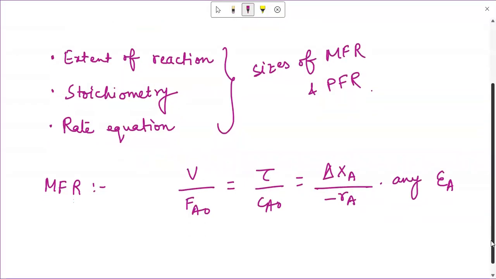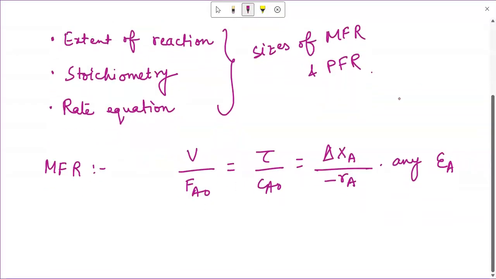Let me explain these terms. We are simply considering a reaction A gives products. V is the volume; let me write Vm to signify the mixed flow reactor aspect. Fa0 is the initial molar flow rate.